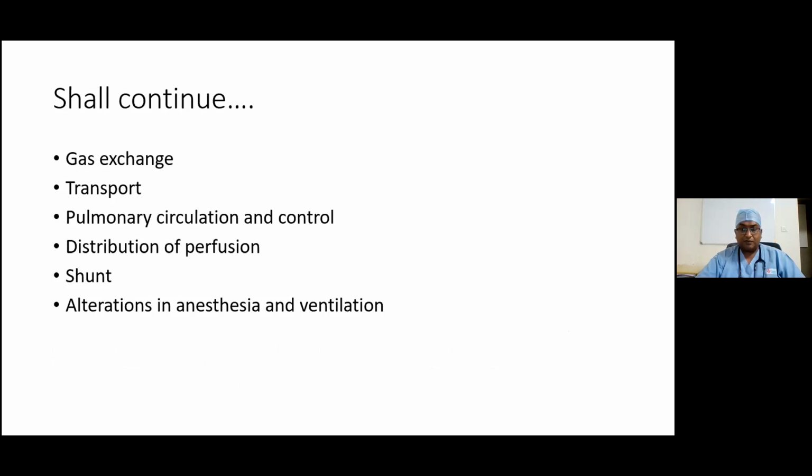I have just brushed upon the very basics of these concepts, which are of great importance, and the concepts should be very clear when we discuss the major topics relevant to us in the next session, which will be next weekend.